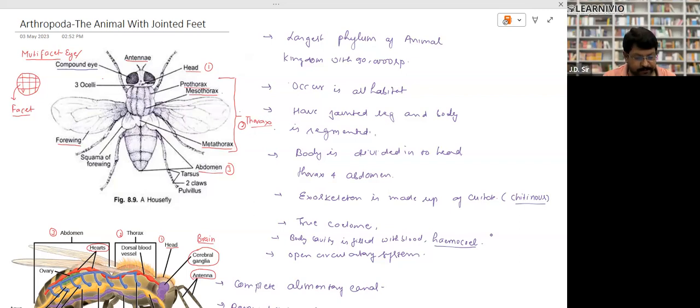Next point. The blood vascular system, the blood circulatory system, is open type. What does it mean? What is an open circulatory system? Tell me.